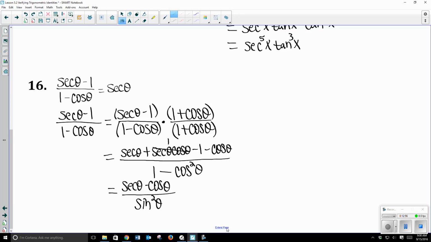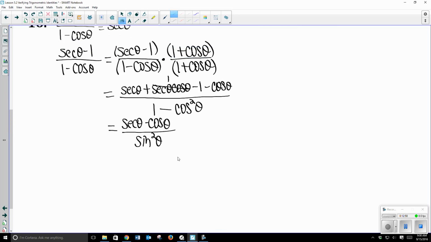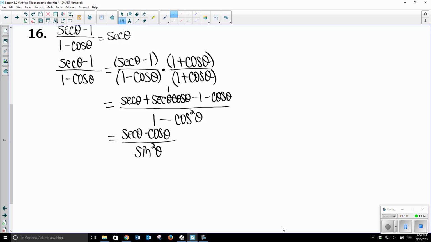Oh, and at this point, you're probably thinking, well, I don't know. How am I going to get that to turn into secant theta? Well, I'm going to add together my numerators. But first, to add them together, I've got to change the form. 1 over cosine theta minus cosine theta over sine squared theta.